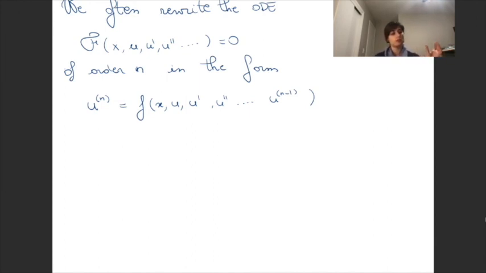So we have the nth derivative of u equal to a function of x, u, u prime, u second, up to the (n minus 1)th derivative of u. This makes things easier to look at. We immediately see the order of the ODE, and it makes things easier to work with.